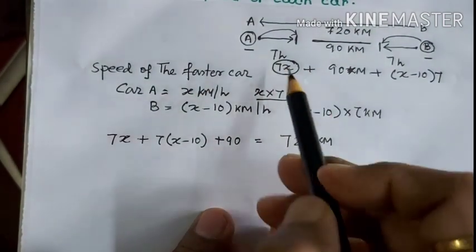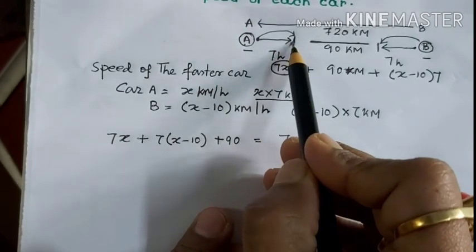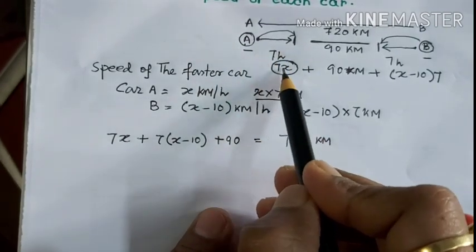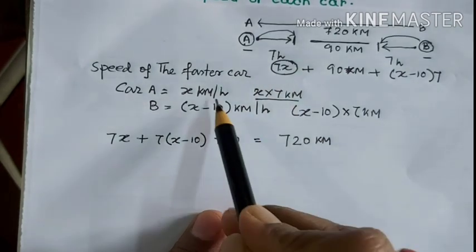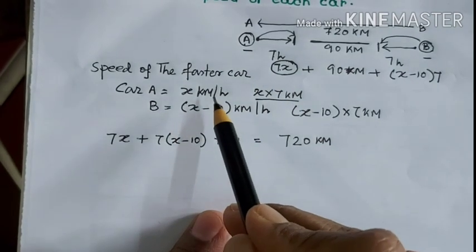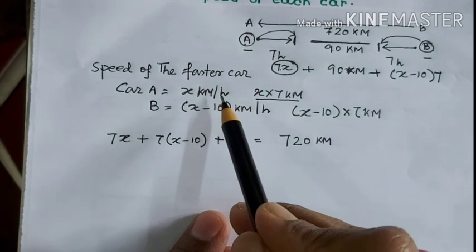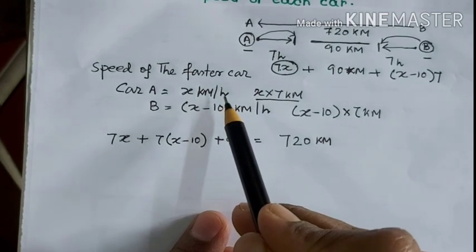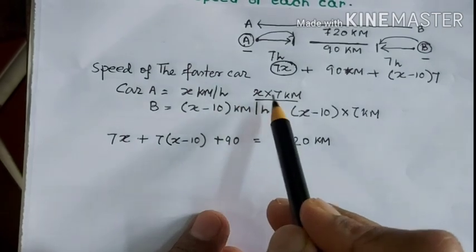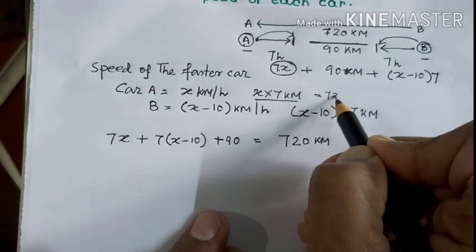Because we have assumed, from A to this point, what is the distance? 7x km. The speed is x km per hour, so in 1 hour this car will go up to x km. So after 7 hours this car will go up to 7x km. Clear? This part is clear.